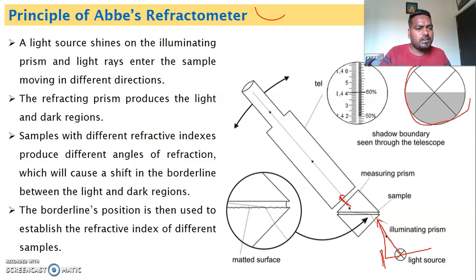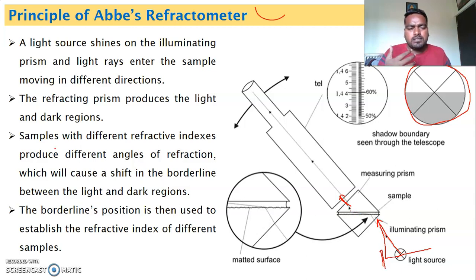Look at this figure. In the figure, there is a cross wire, and one half circle is white, another half circle is dark. This kind of image can be seen if you look through the telescope.